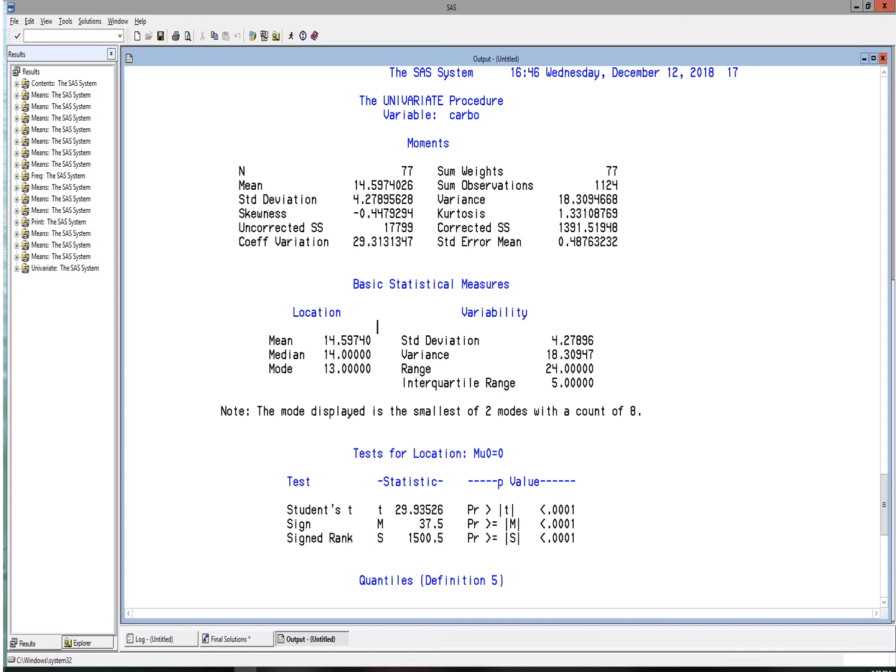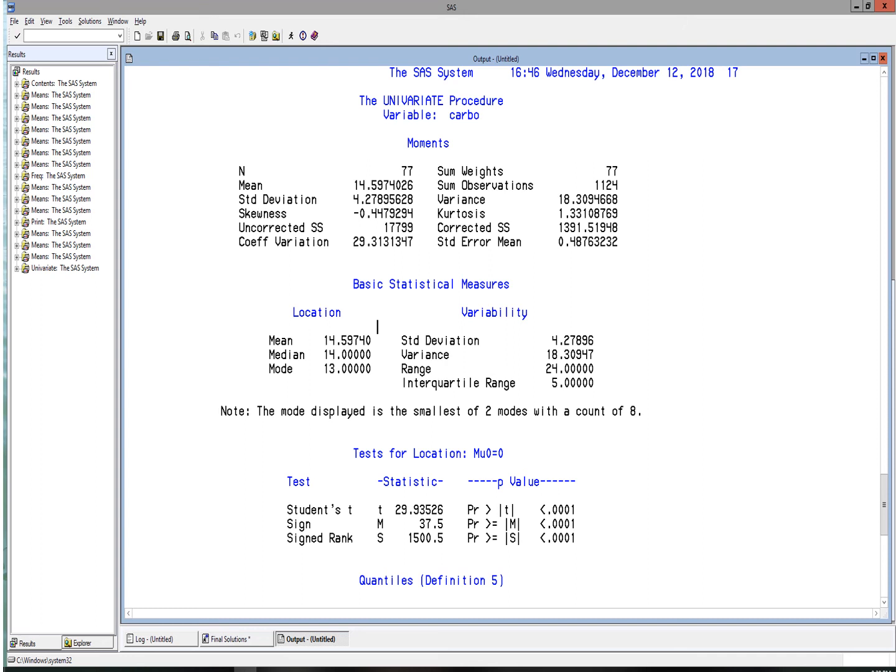The p-value associated with that gives us the area just to the right. It's less than 0.0001. So if we were interested in a two-sided test, which we often are, we would multiply that by 2, and that's still going to be less than 0.0002. So a very small p-value, indicating that it's highly significant. There's an extreme amount of evidence saying it's different than 0.